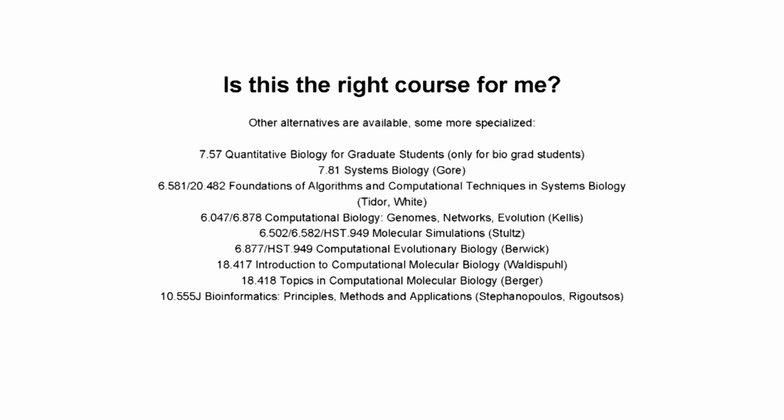Some are more geared for graduate students, some more undergrads. Some are more specialized. So for example, Jeff Gore's systems biology course is more focused on systems biology, whereas our course covers both computational and systems. So keep that in mind. Make sure you're in the right place, that this is what you want.